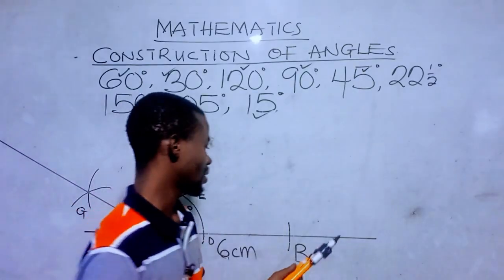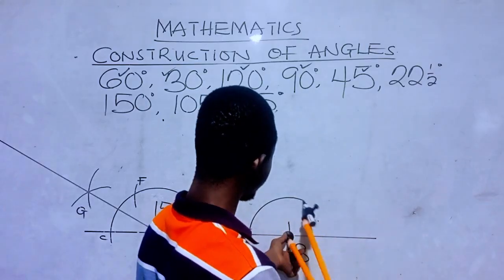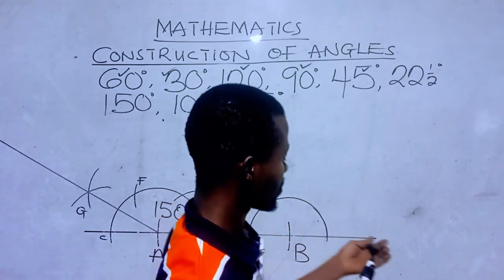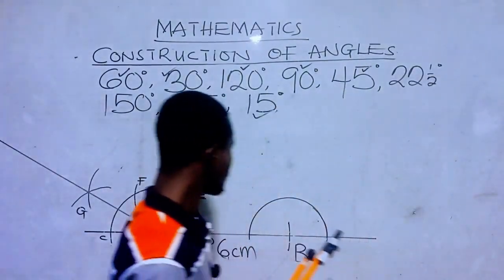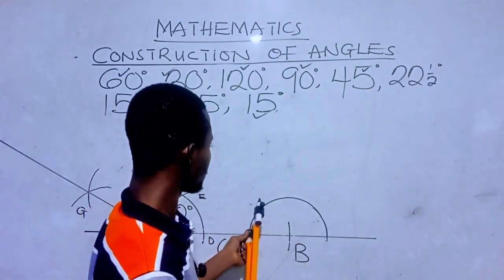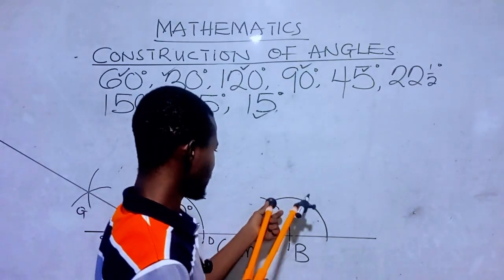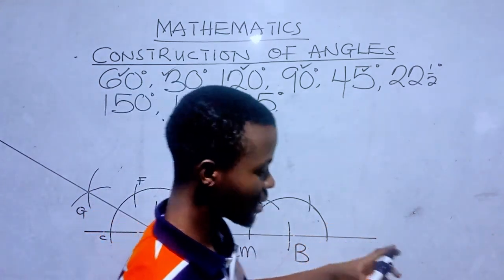So I make a semicircle like this. Then with the same radius, I'll do my 60, stand on that radius, and I'll do my next one, which is the 120 mark.